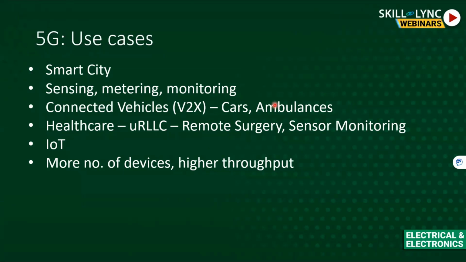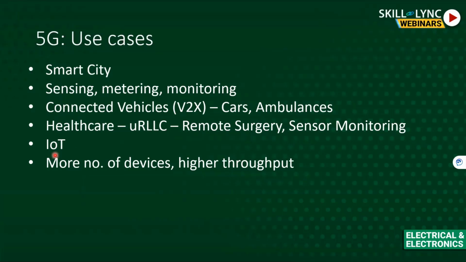And once we have the patient, the accident victim or whoever it is, we need to ensure that some kind of remote surgery can happen, and the basic things like blood pressure are automatically taken, right? That's where URLLC will be of utmost importance in healthcare, because most of the things can be automated, and we can also rely on the regular monitoring of the readings.